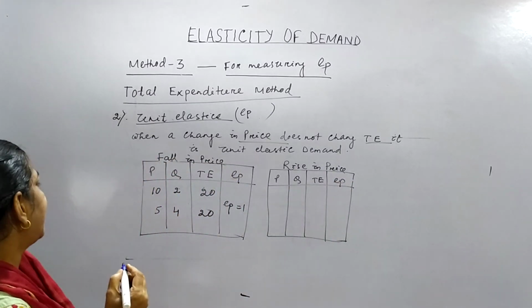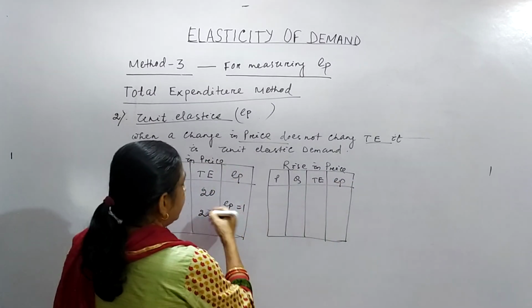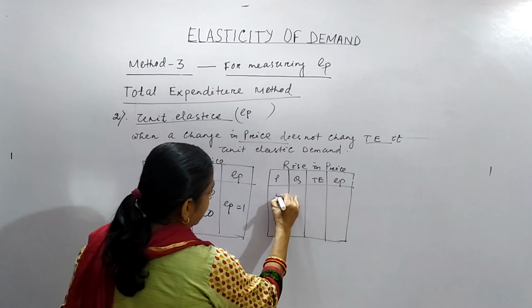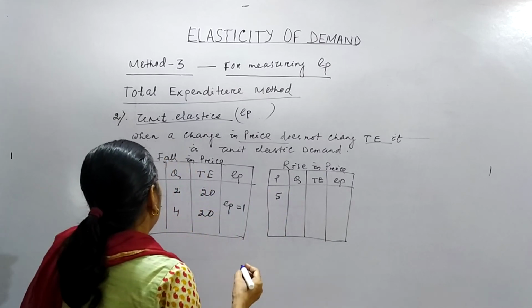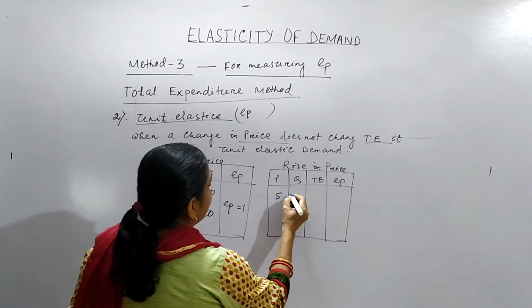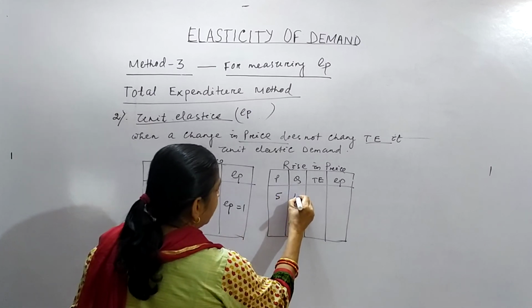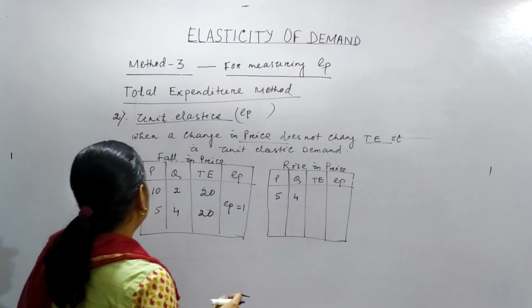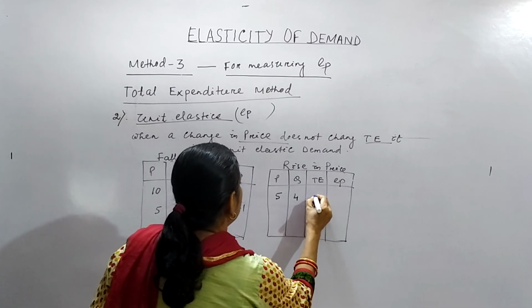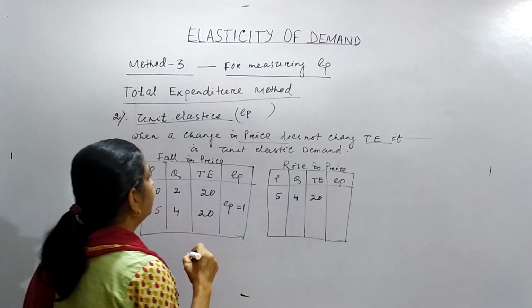This is the rise in price case. This will be just the reverse. Suppose initial price is 5, quantity demanded is 4 because price is low, so quantity demanded is high. Total expenditure will be 20.